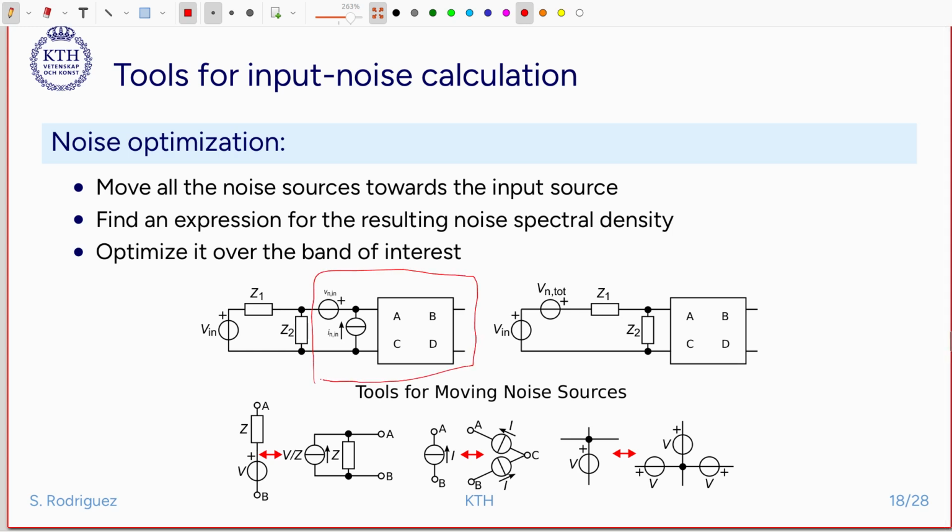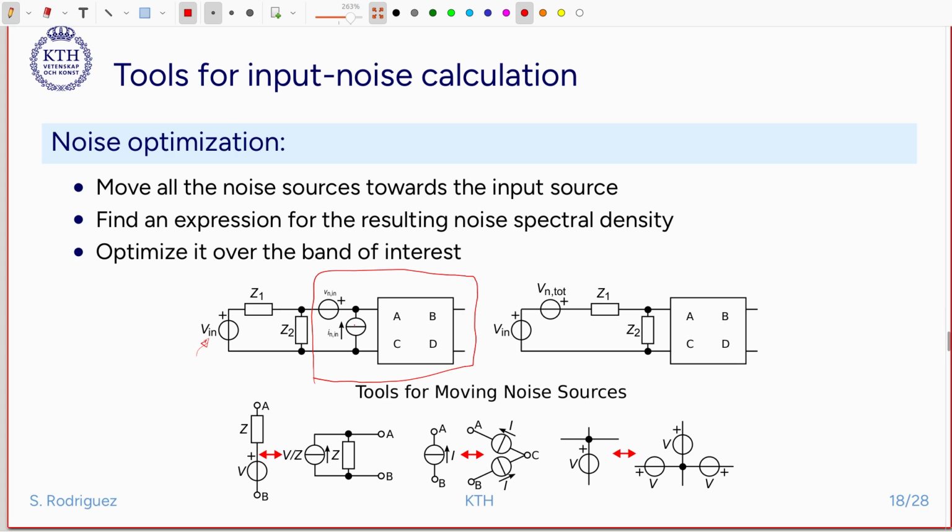For instance, if it is only one transistor, we have already seen how we can obtain the input referred noise voltage and input referred noise current. When this amplifying stage is connected towards the source, and the source can be a voltage source, for instance, it can also be current, it might be that there are other impedances around, and then we have to do some movement of these noise sources.